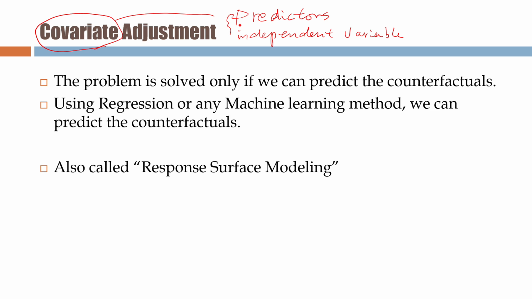You can use a regression or any machine learning method using the data we collect, and we create the prediction model. It doesn't matter if it is a regression or any machine learning method. We create the prediction model, and using that model, we calculate the counterfactual. So this will be two different models.